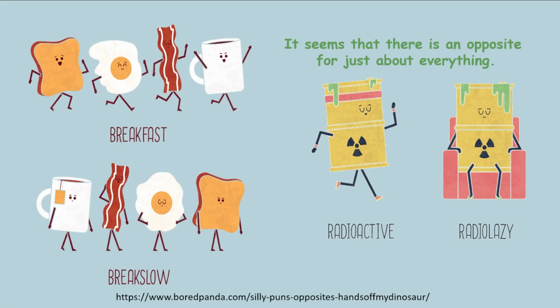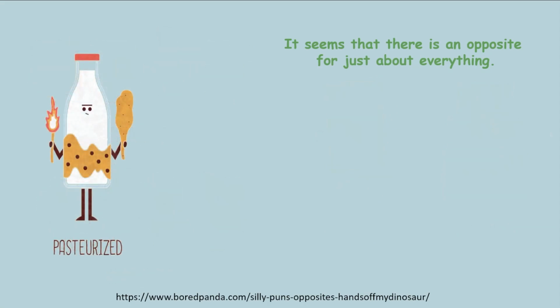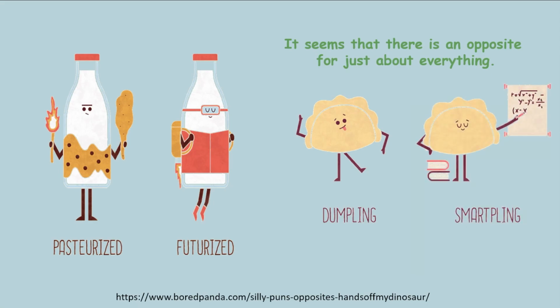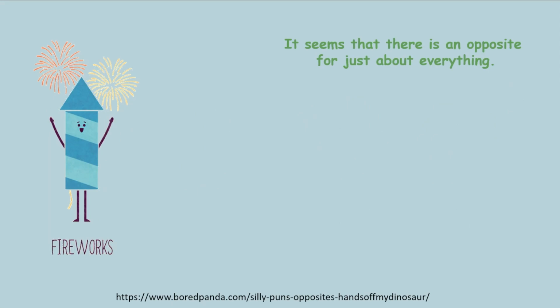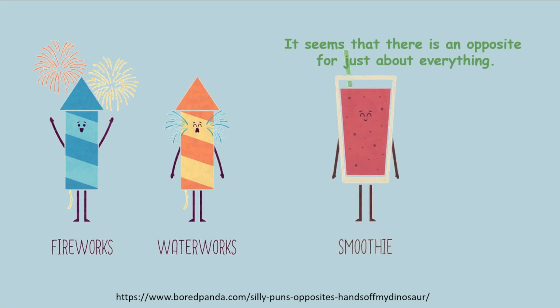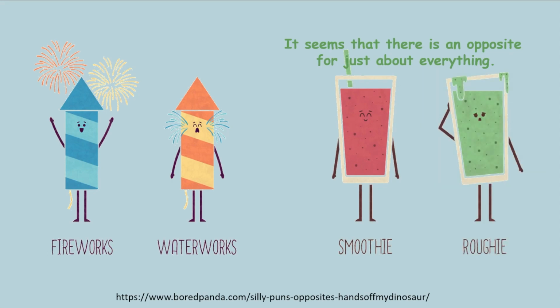They seem to be pretty sharp on these things. What's the opposite of pasteurized? Well, futurized, of course. What is the opposite of a dumpling? A smartling. What's the opposite of fireworks? Waterworks. And my last one, favorite one. Have you ever had a smoothie before? What's the opposite of a smoothie? A roughie. If anybody offers you a roughie, don't take it.